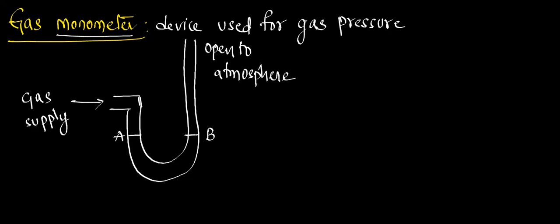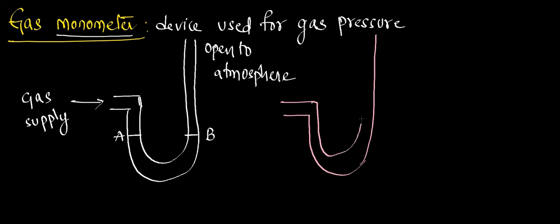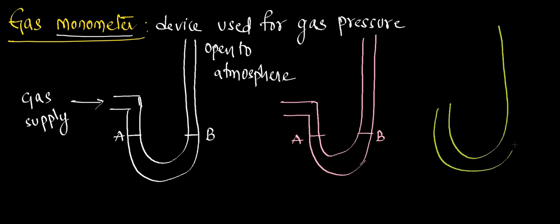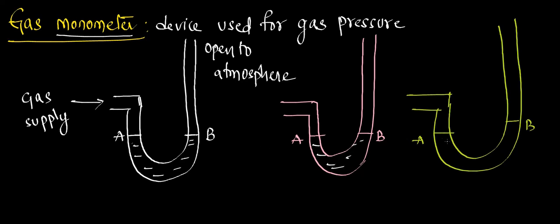Now, with the same tube, we will take three different cases. Point A, point B. This is filled with some liquid.